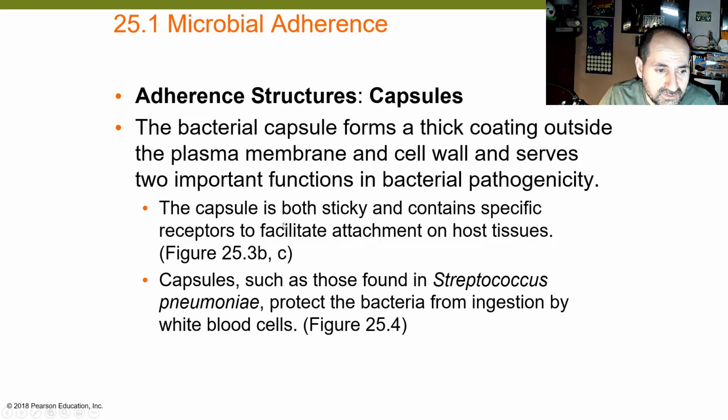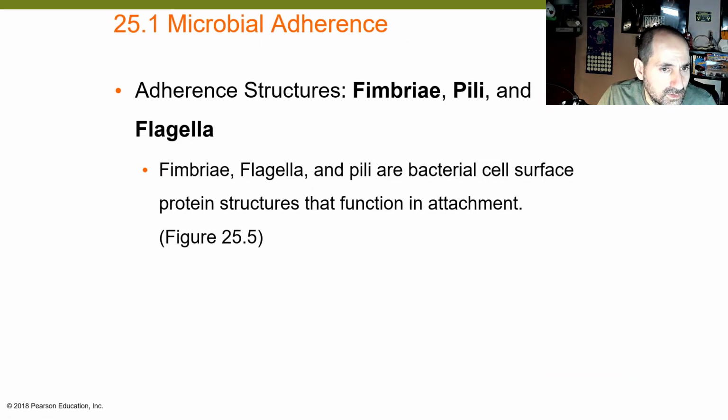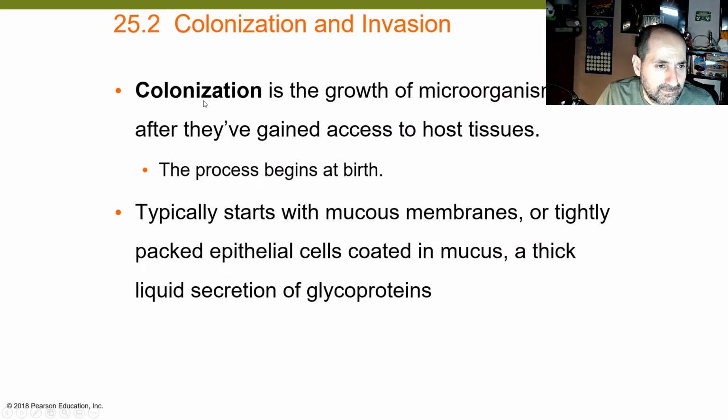Remember, they prevent phagocytosis by the immune system. They also aid in attachment to host surfaces. You should know about the other adherence structures: fimbriae, pili, flagella. Know the importance of colonization. If the bacteria cannot colonize on the host, then they can't cause an infection.